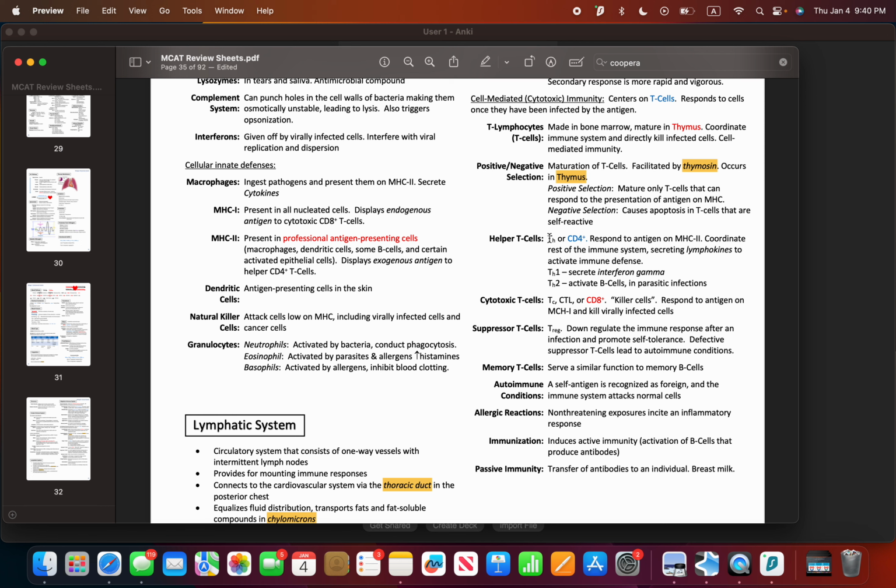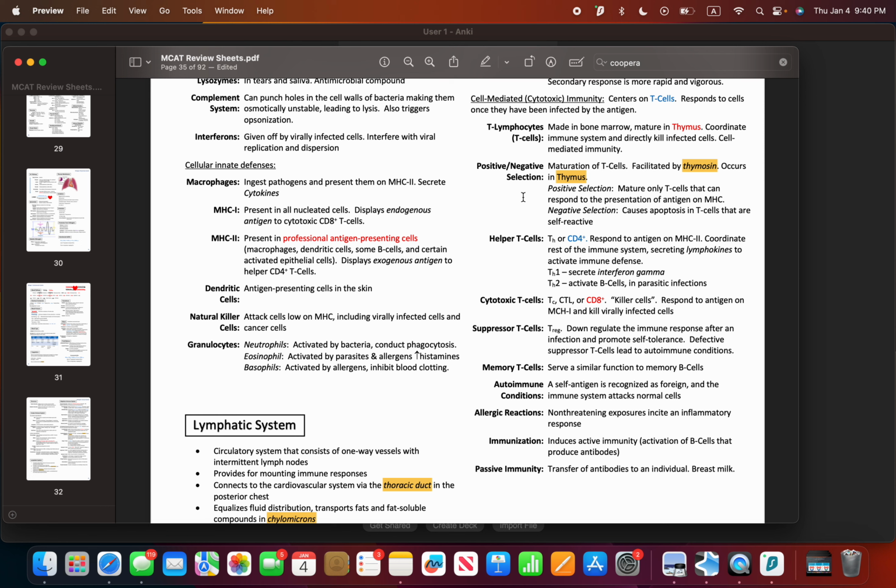which is written as TH or CD4 plus. They respond to antigen on MHC2. So when you have the MHC2 or the MHC1, we know that it's regarding cellular innate defense.